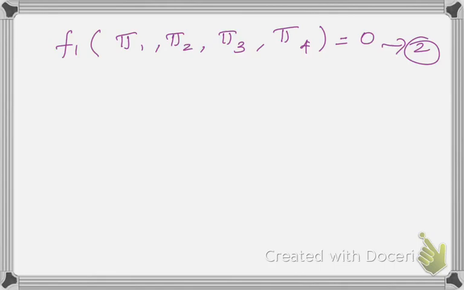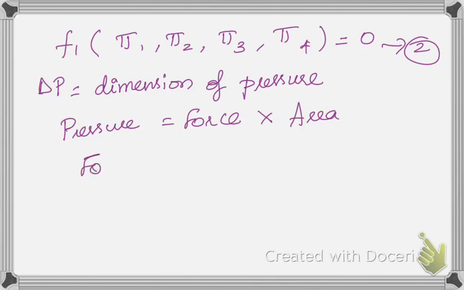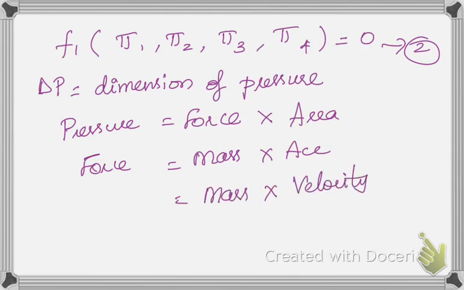So first term is going to be our del P. Del P is nothing but pressure difference, right? So I can write the dimension of pressure. So here I am going to derive the dimension for pressure. So actually what is pressure? Pressure is nothing but force into area. So what is force? Force is nothing but mass into acceleration. So mass into what is acceleration? Velocity by time.